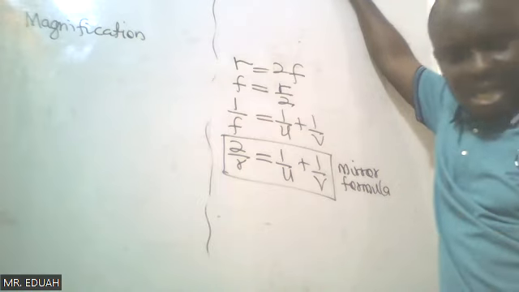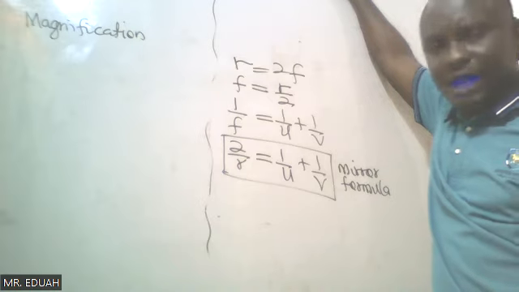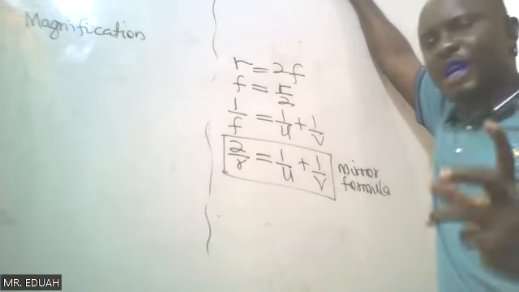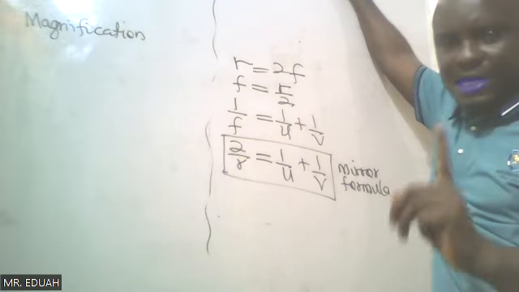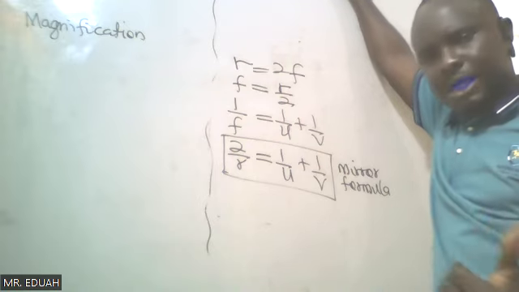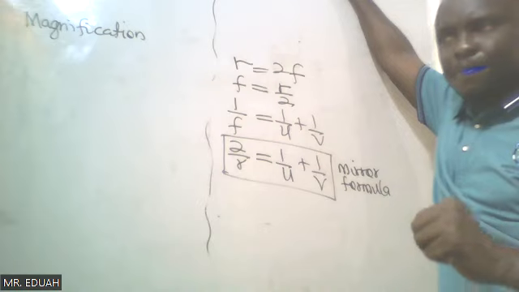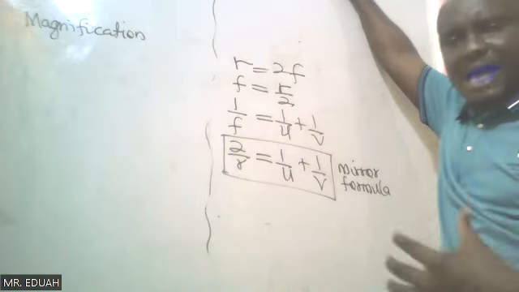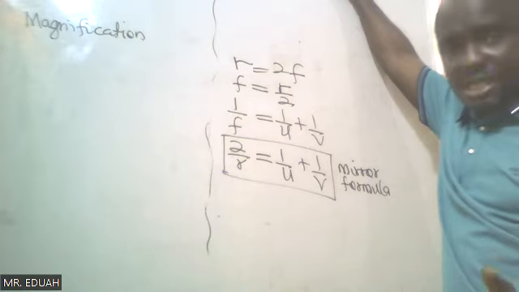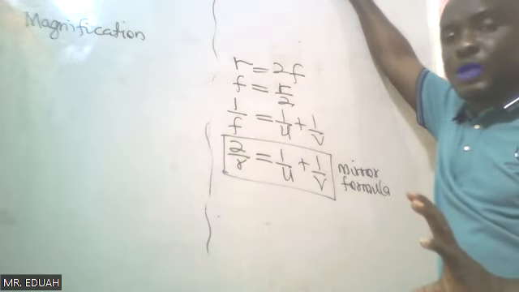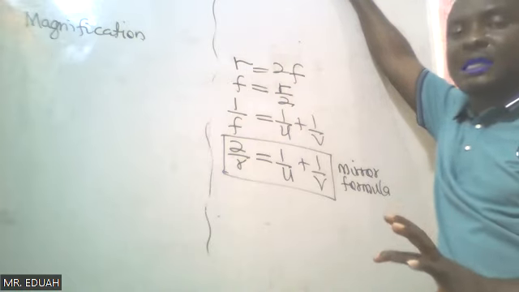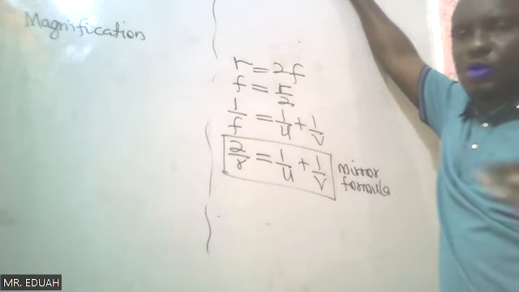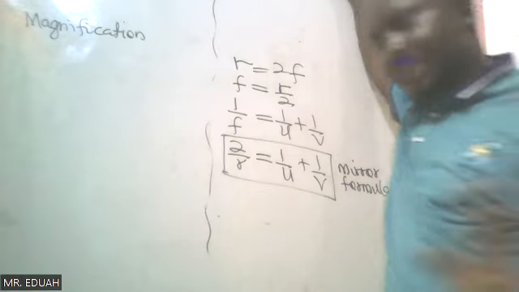Technically, when we talk about magnification, we are looking at the size of the image compared to the size of the object. When its size is reduced, we say it's diminished. When its size is increased, we say it is magnified. But magnification refers to both situations.